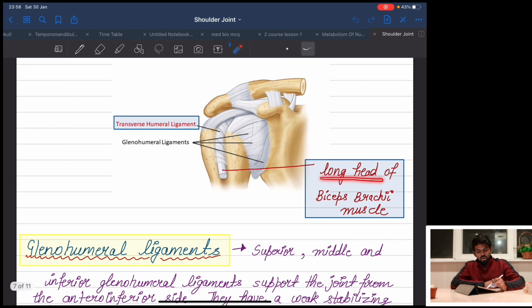Here is the long head of biceps brachii, and here is the transverse humeral ligament. Where is it present? Between the two tubercles. Here are the two tubercles, between them is the sulcus, and in the sulcus the ligament is present.